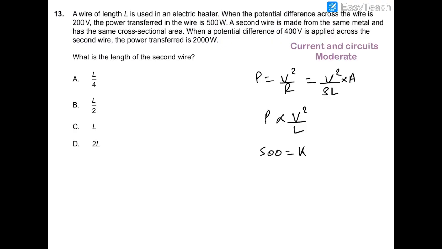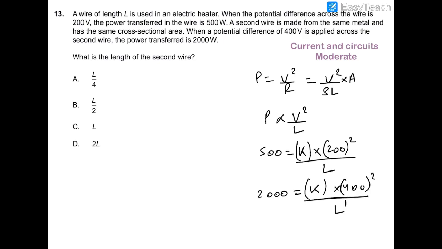Let us suppose there is some constant K. The initial power was 500, so 500 = K times 200² over L. Now the power is 2000 watts and K is the same. Now voltage is 400, so 400², and length is L'.